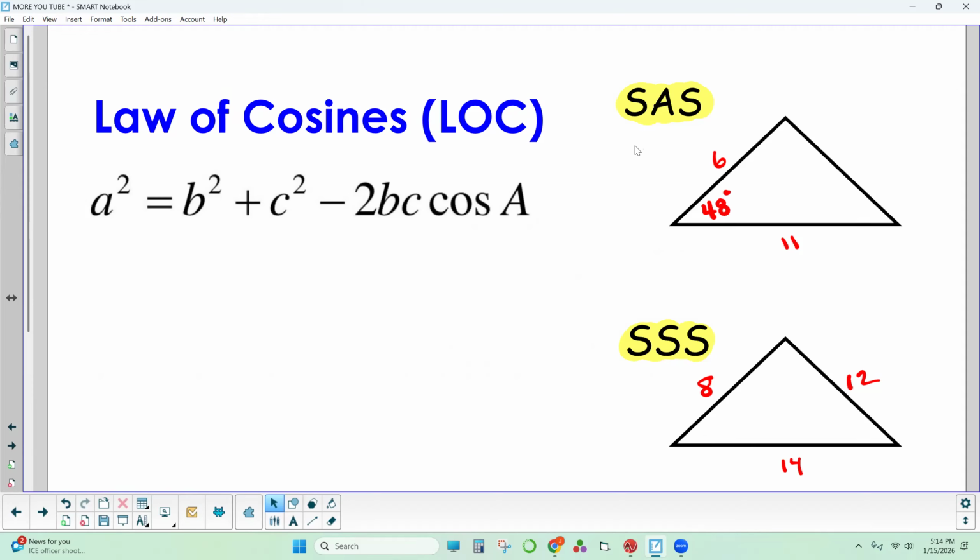When you're given side angle side, that means you're given an angle between two sides, and you've got to use the law of cosines. With an SSS triangle, it's the same thing. You're given three different sides, but no angles, so you can't use the law of sines. So that's where this formula comes in. Let's take a look.